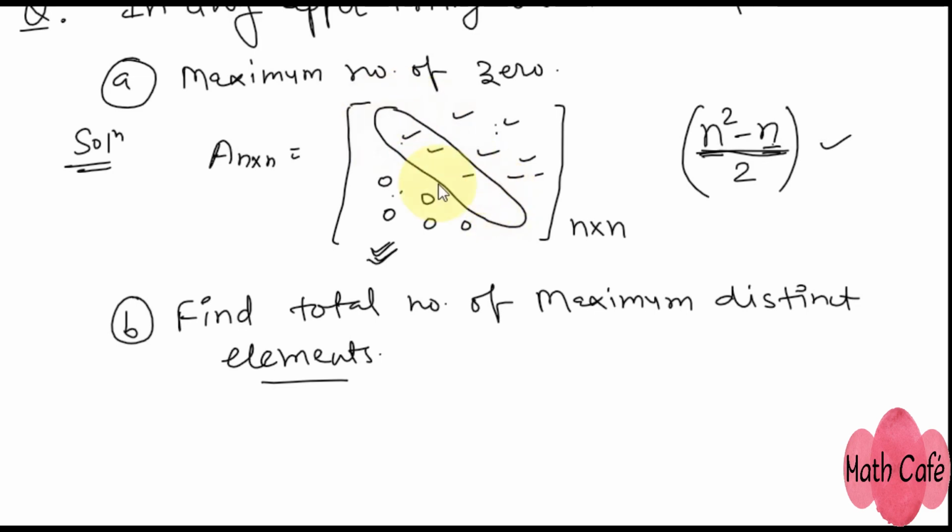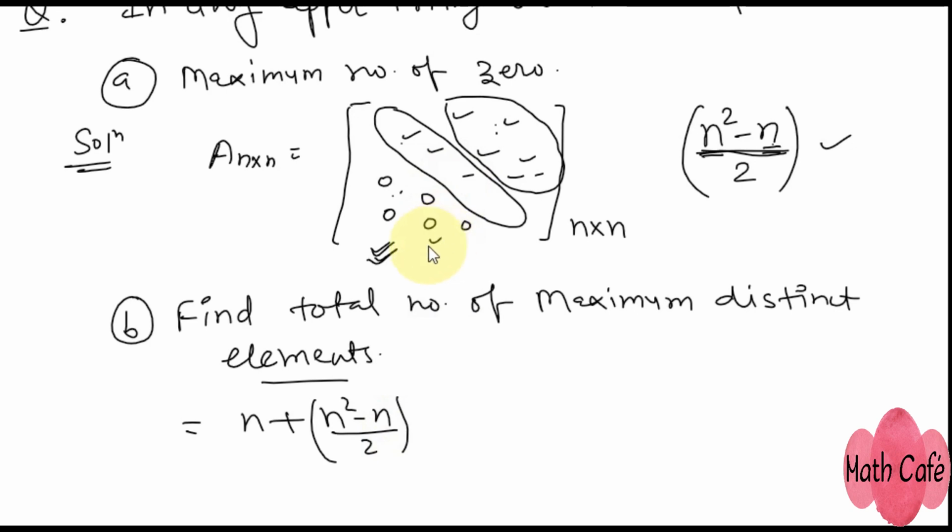As we need to obtain the maximum number of distinct elements, I can put all the diagonal elements as distinct. The total number of diagonal elements is n. If I take all the numbers lying on the upper side of the diagonal as distinct, these numbers are (n square minus n) divided by 2. So these are all the non-diagonal elements lying on the upper side of the diagonal.